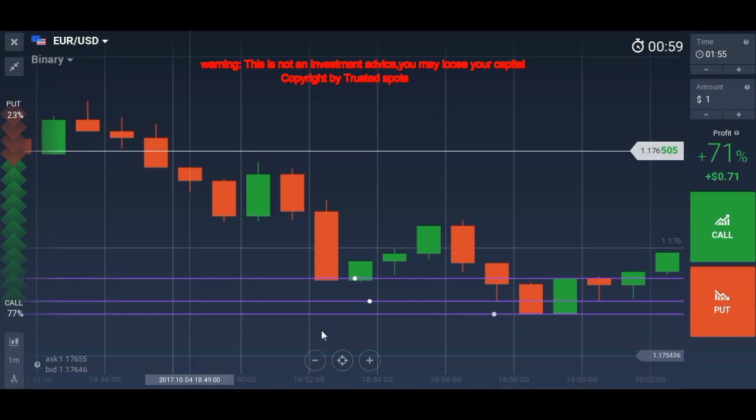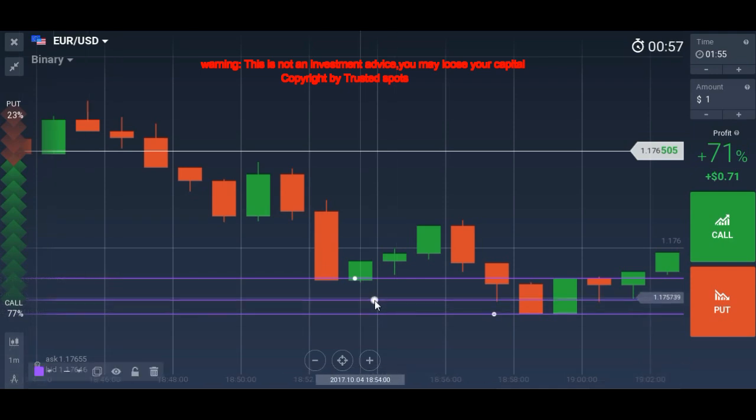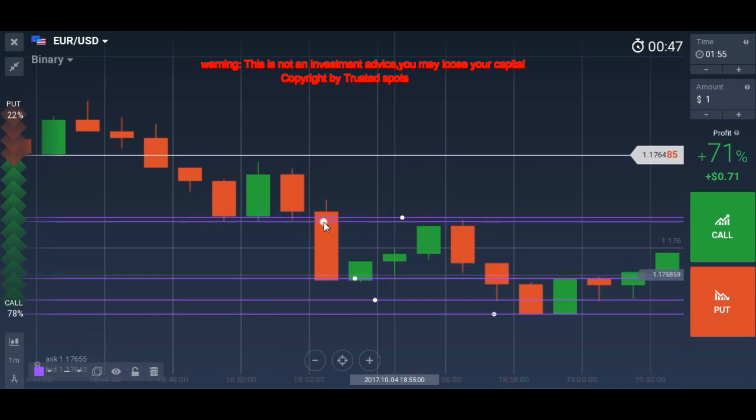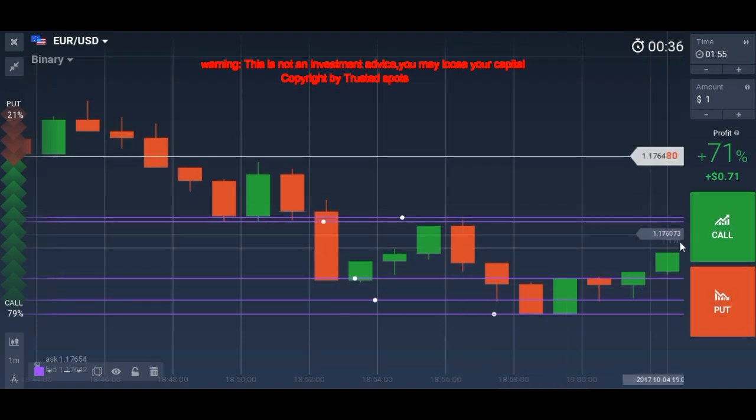But what about now? So first of all, you have a resistance here. You can see this was a support that worked as a resistance. So this candle is going to hit that level, but it is in between.